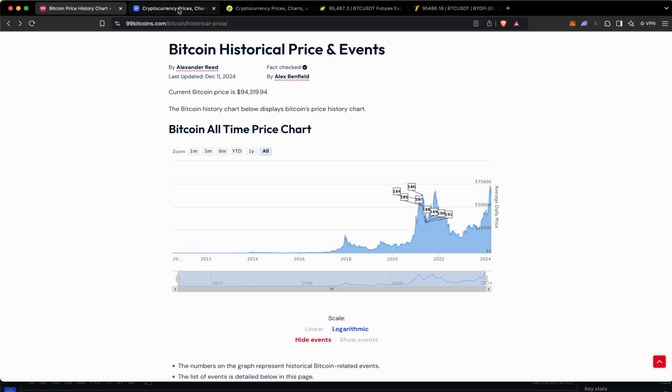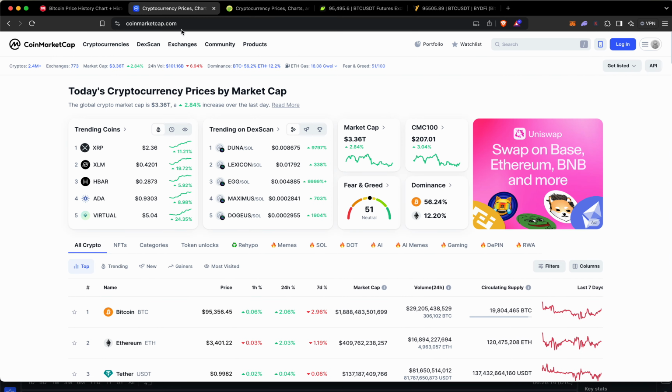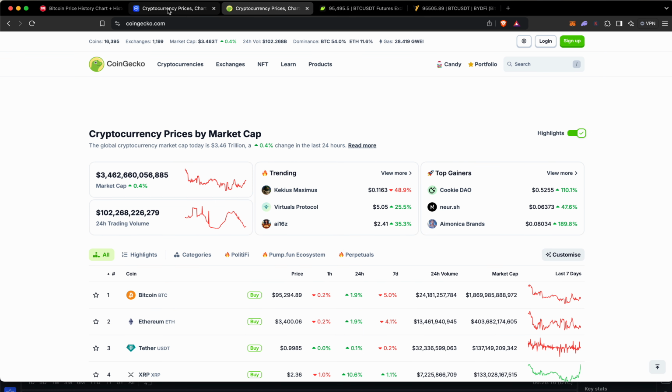I also wanted to point out some of the things that I use on a day-to-day basis. I do like to use CoinMarketCap and CoinGecko just to get an idea of what's going on in the market, things that might be trending.